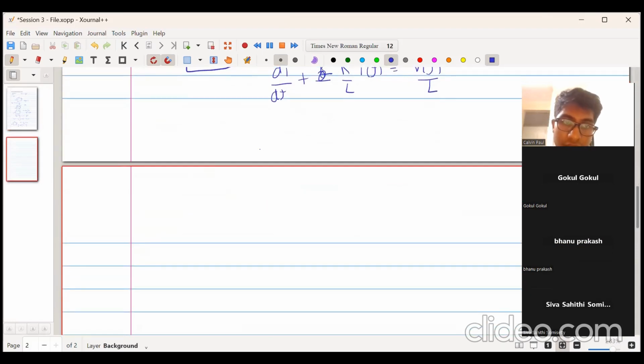So there is a method to solve linear differential equations of the first order, and that is as follows.